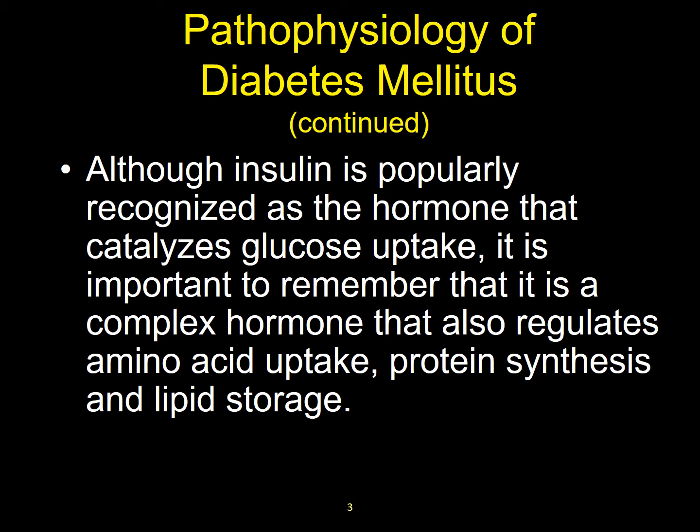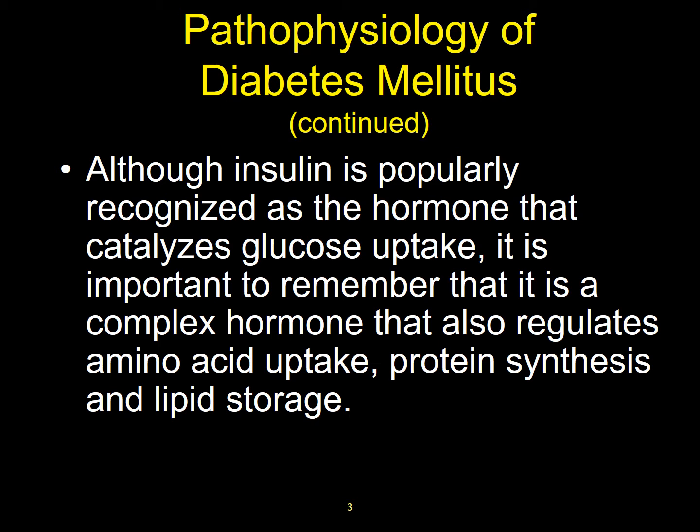This is the last I'll really say about it, but just by way of reminder, yes, we always think about it in terms of blood glucose and insulin, blood sugar and insulin, because insulin does catalyze the uptake of glucose by cells and gets it out of blood. But insulin's true job as a hormone is that it's an anabolic hormone. It's a hormone of fuel storage. Glucose is one fuel, but proteins and fats are other forms of fuels.